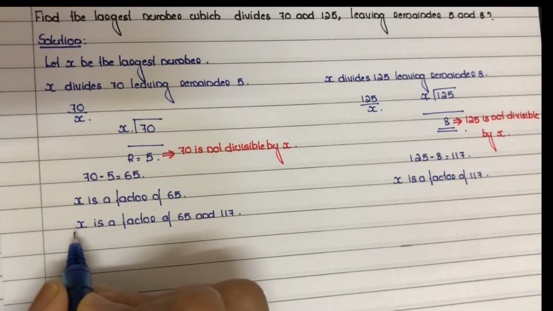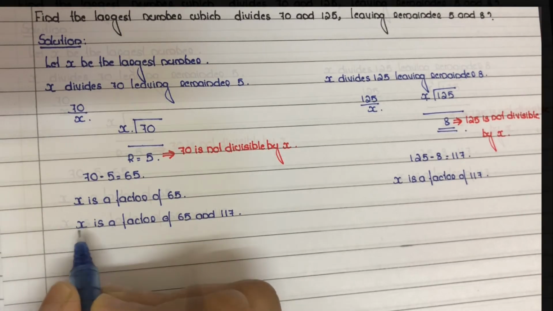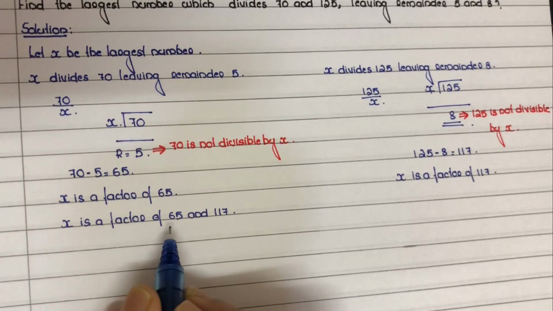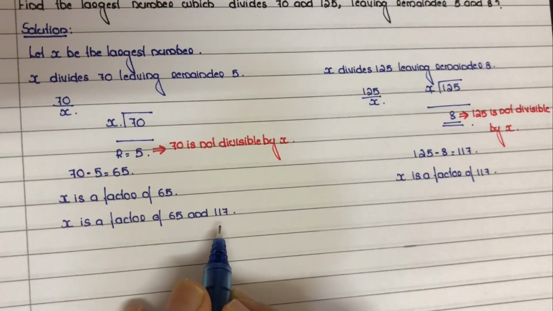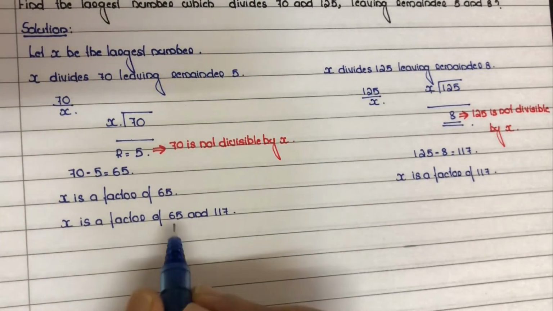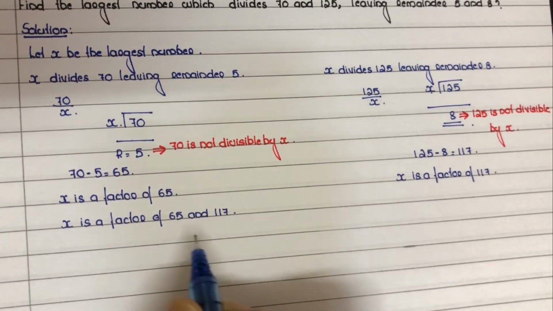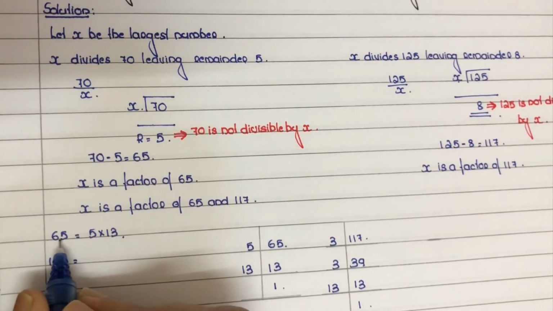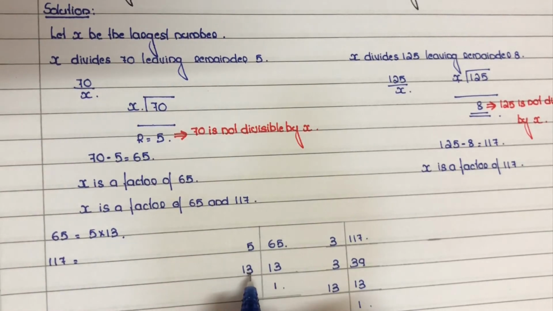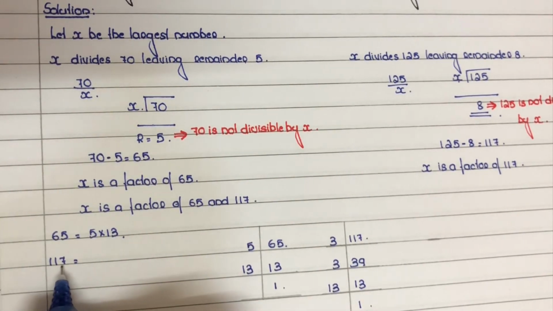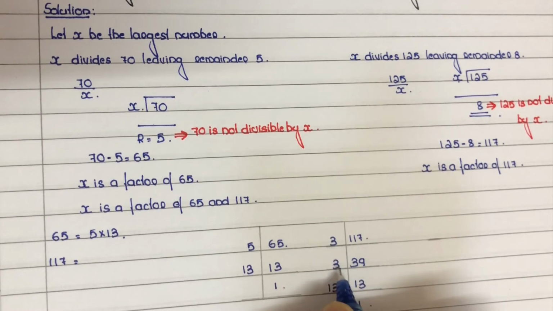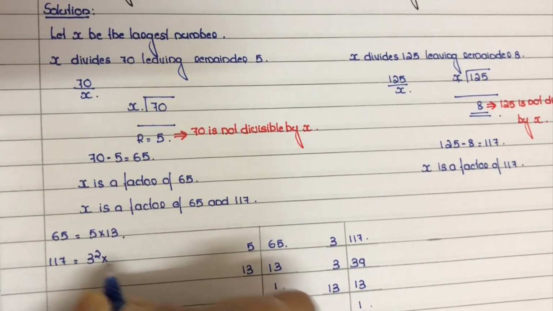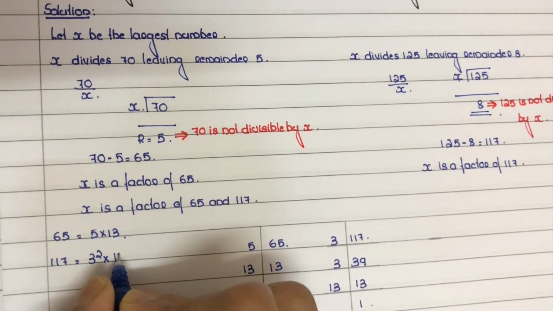Next, our aim is to find out the value of x. Here we know that x is a factor of 65 and 117. Okay, so next step, write down the prime factors of 65 and 117. 65 equal to 5 into 13 and 117 equal to 3 into 3, that is 3 square, into 13.